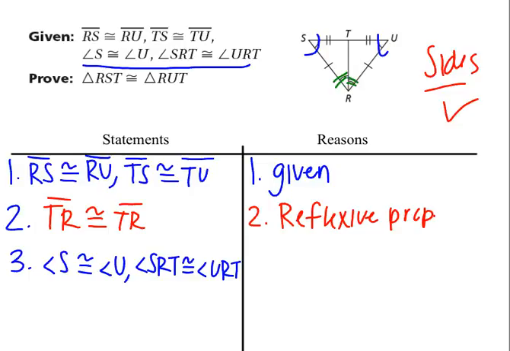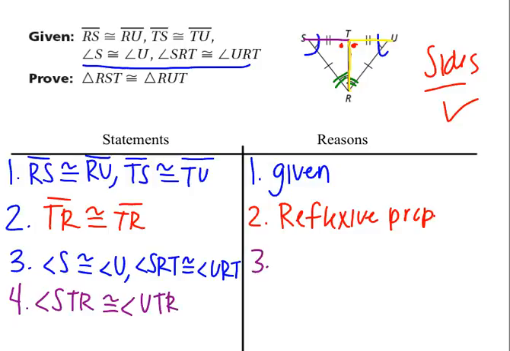So again, remember, if I have two congruent angles in two different triangles, then that third angle in both of those triangles must be congruent. So, that being said, angle STR is congruent to angle UTR.